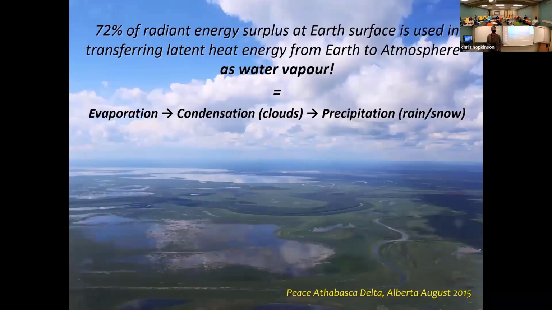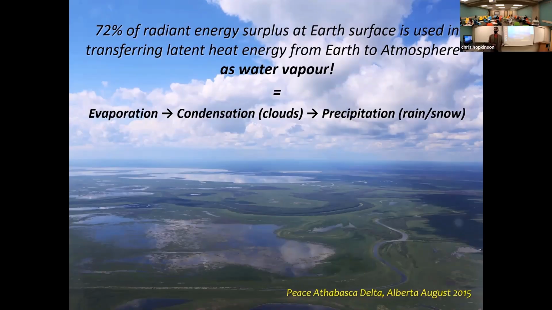Okay, so let's start with how do we get moisture into the atmosphere? So this is an interesting statistic. Around about 72% of all of the sun's energy is converted into latent heat, not into sensible heat. Right? So we often think of energy coming from the sun as heating up the Earth's surface, which of course it does, but only 28% of that solar radiation that is absorbed at the Earth's surface is used to raise the temperature of the Earth's surface.